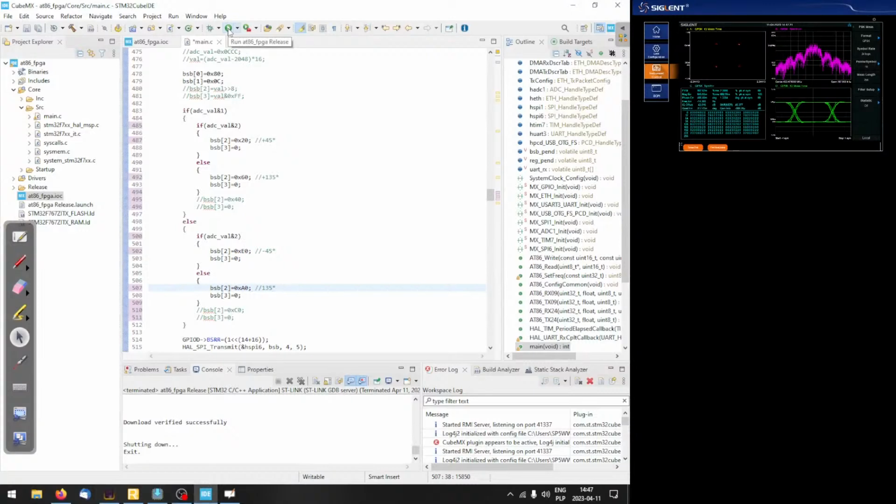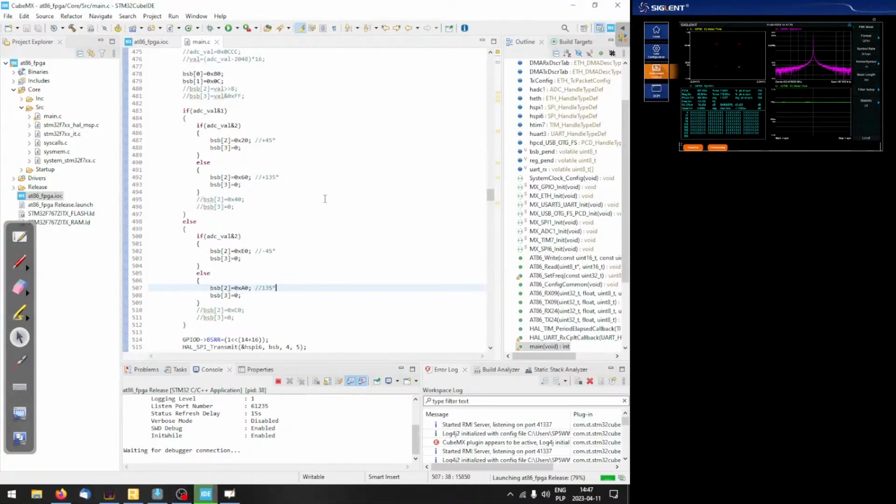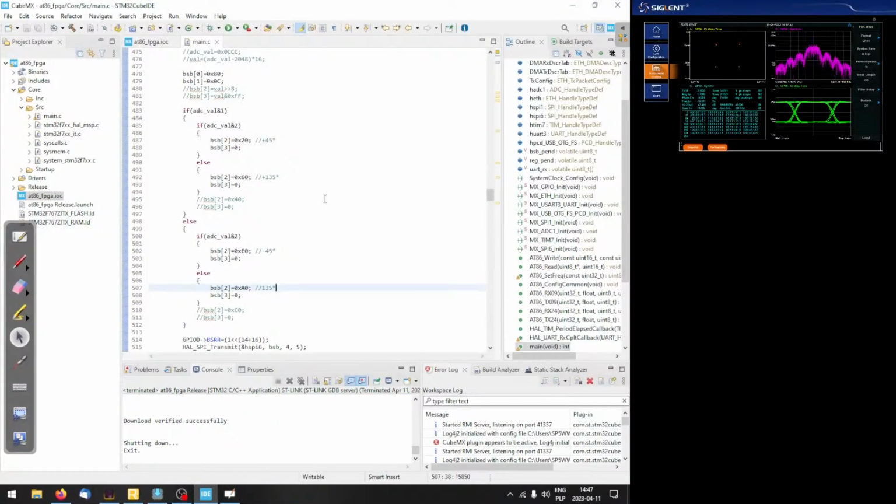So if we run this code now, we should see on the spectrum analyzer that all 4 points are populated with sample points. And that's the case. Yeah, so it works. There's some strange thing that's going on in the constellation, because if you look closely, the points in the constellation just jump.